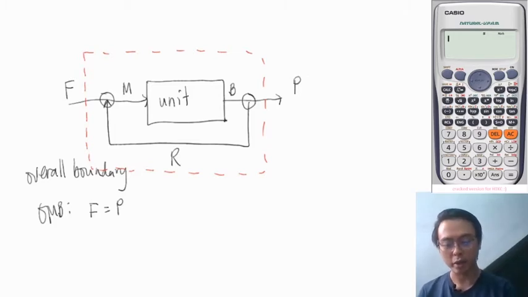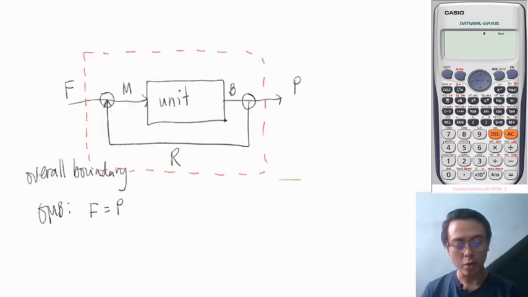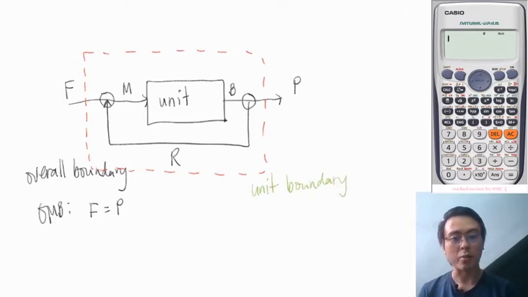So let me demonstrate. Let's use green. So if we use a unit boundary, you will only be writing your boundary at the direct vicinity of the unit. So this is what it looks like.